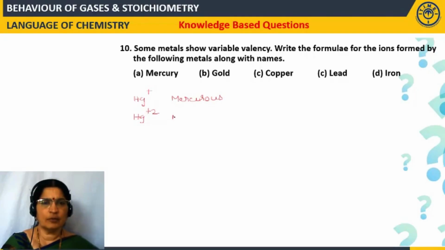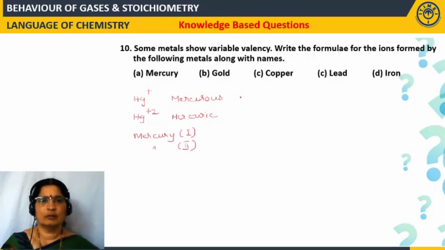This is mercuric. Or you can write it as mercury(I), Roman numeral 1 in brackets, mercury(II). In both the ways you can write.